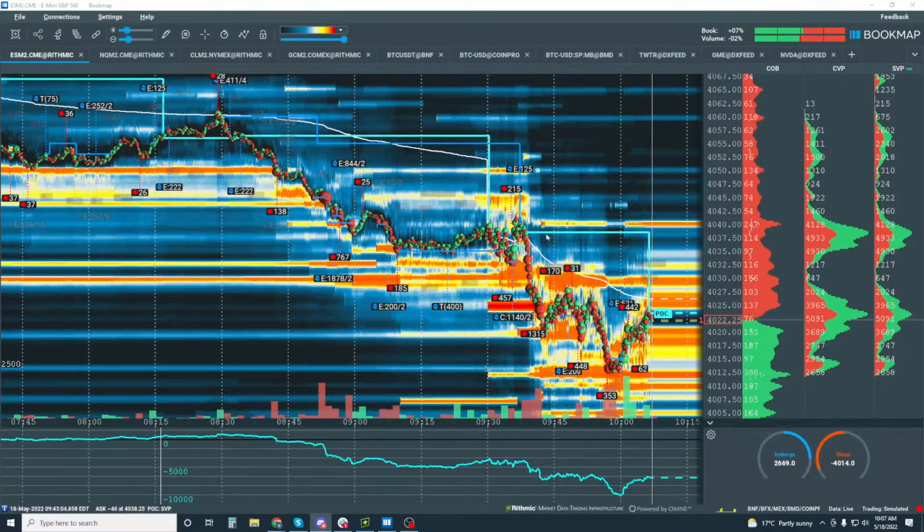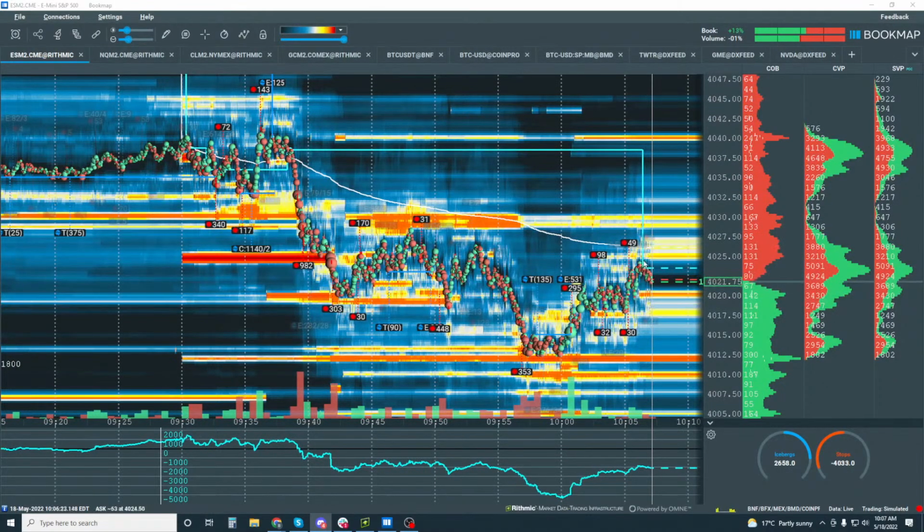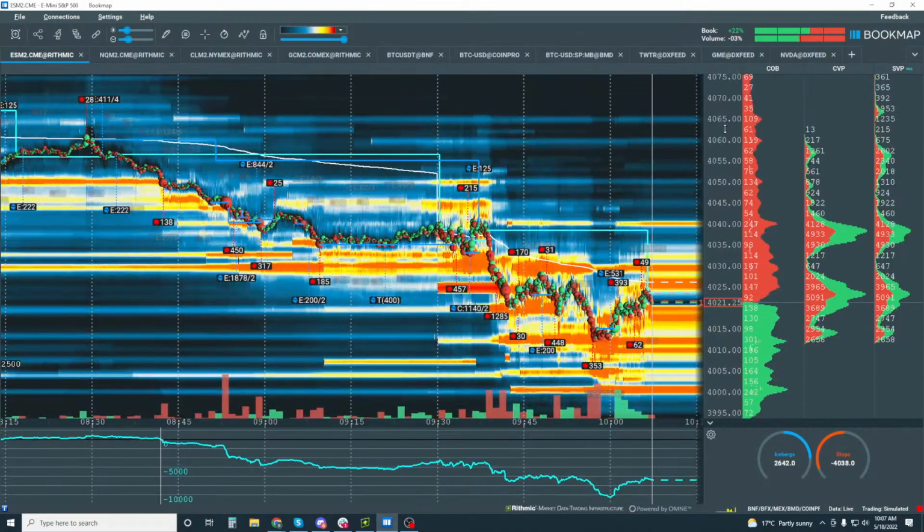Let's take a look at some of the market structure in here, and then the order flow within the structure. Understanding the market structure is really key.